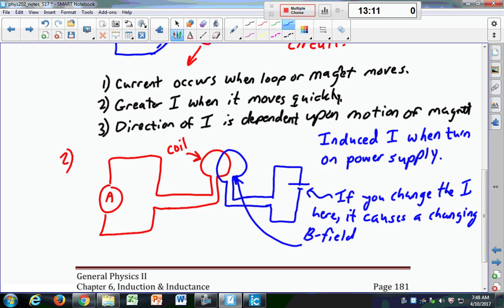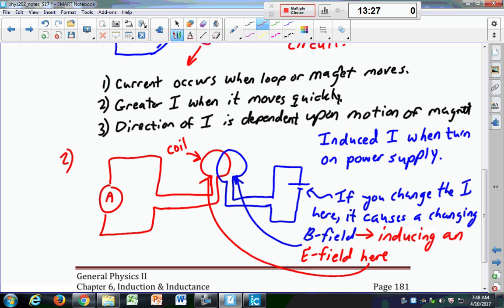And then that induces a current, or induces an electric field, which is a current. An electric field causes a current here.